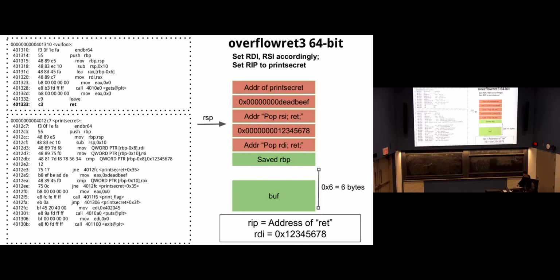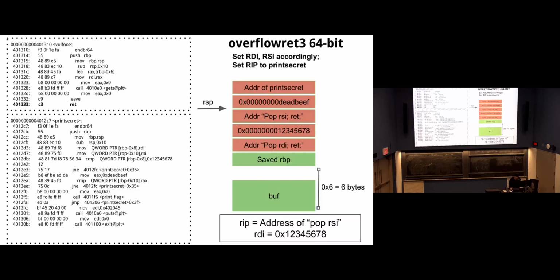So we're going to have the address of our second gadget, pop RSI return, put into our RIP, right? Now the next instruction we're going to execute will be pop RSI. Then it's going to pop the deadbeef into RSI. Then after that, there's another return instruction.